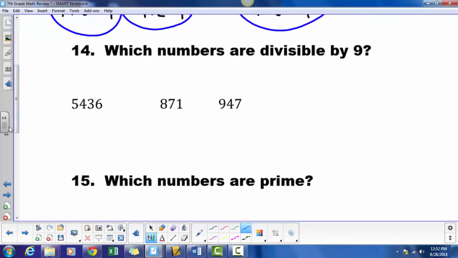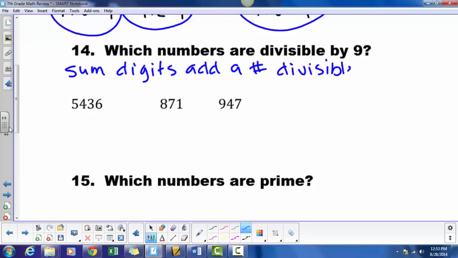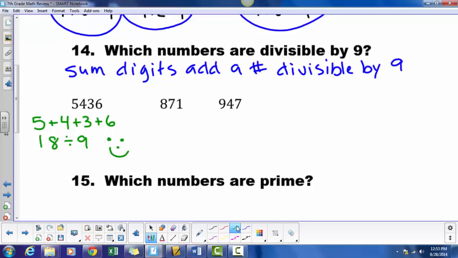Okay? Numbers that are divisible by 9, same thing. The sum of the digits add up to a number that is divisible by 9. Okay, so let's add up these digits again. So the number 5,436, that's 5 plus 4 plus 3 plus 6, that equals 18. Is 18 divisible by 9? It sure is. So this one is good.